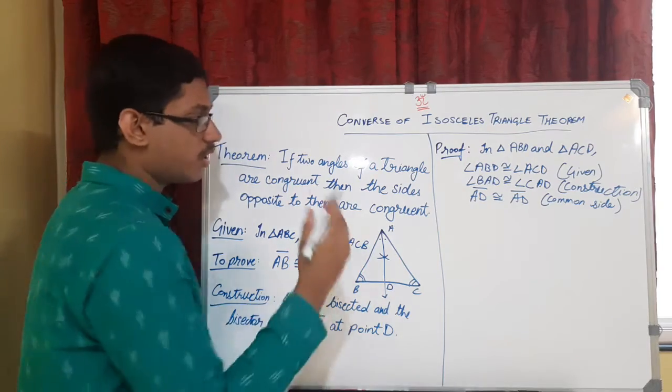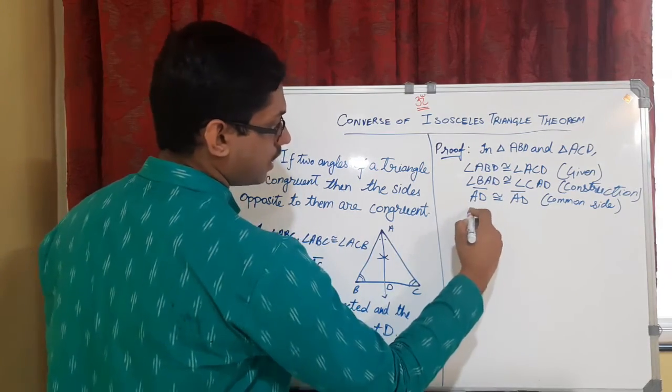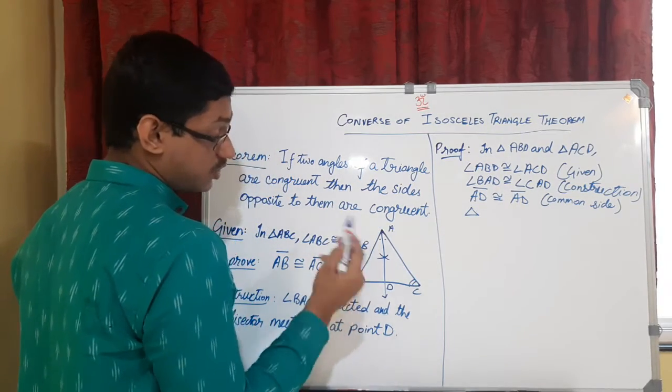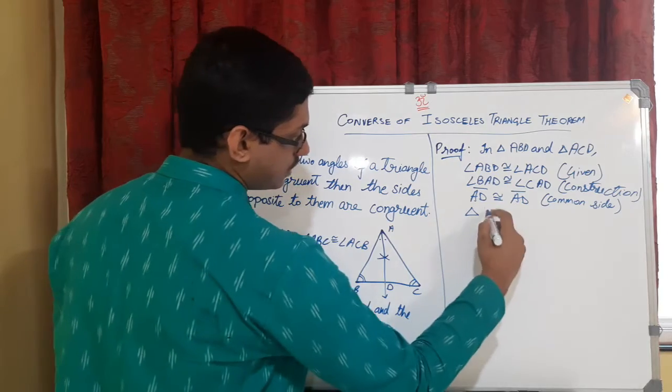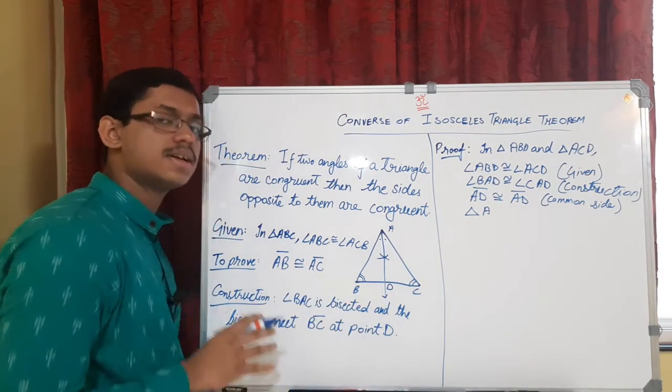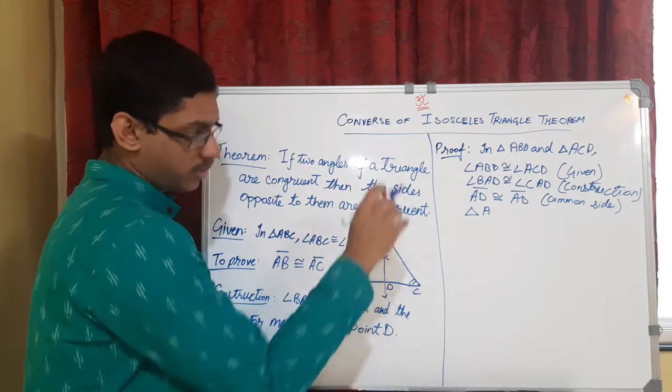Now due to these three points, what we will see from them is the triangle ABD. By looking at the diagram itself, we know that these two triangles are congruent, but we have to prove it.